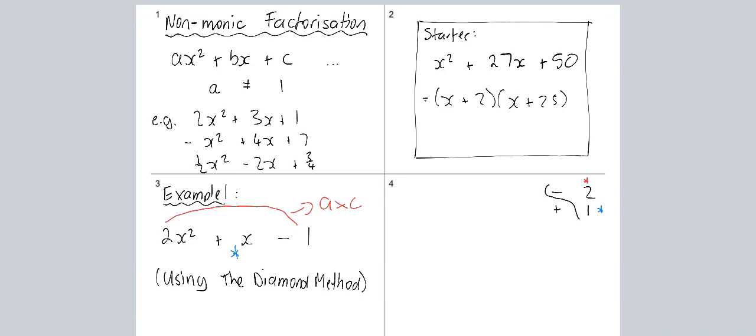Then we circle the sign from the top line and the number from the bottom line. So we've got minus 2 and 1 circled. They're our key, oh sorry, and the number as well, I forgot about that. Sorry, do that again. Like that.